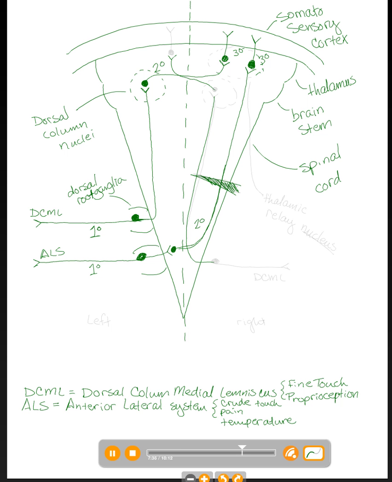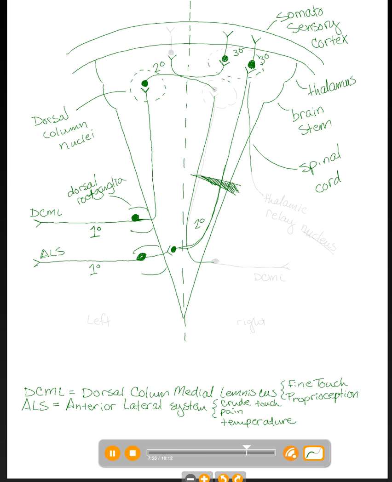So that is your main difference between DCML and ALS. In both, primary neurons enter the spinal cord. ALS synapses right away and crosses the midline and goes all the way up here. Whereas in the DCML, the primary neuron comes in and goes all the way to the dorsal column nuclei, synapses there, and then comes over to this area.